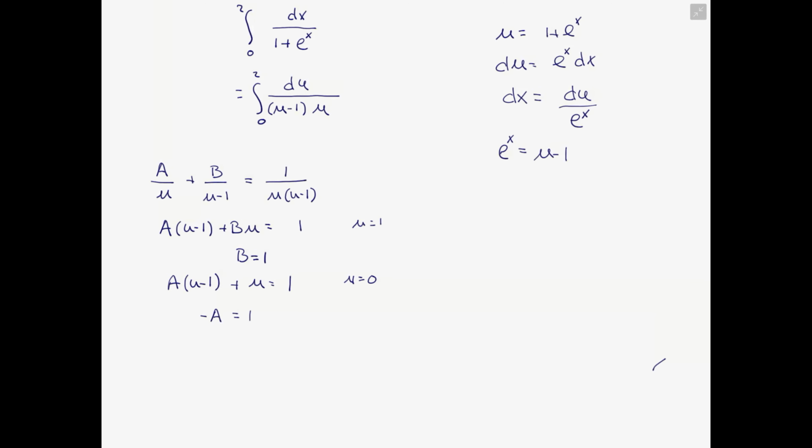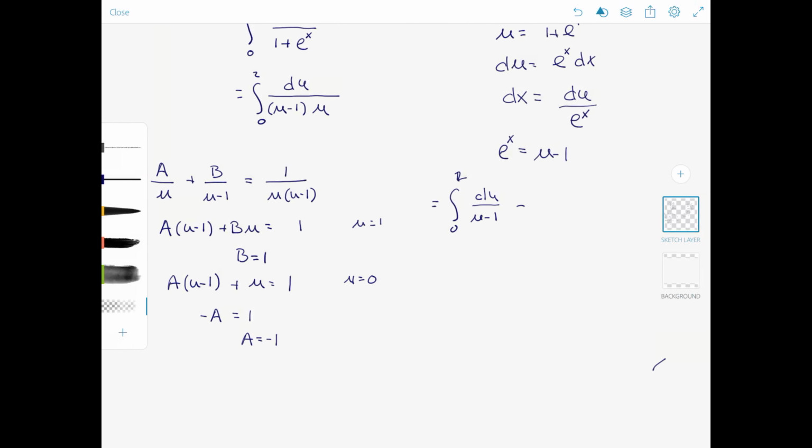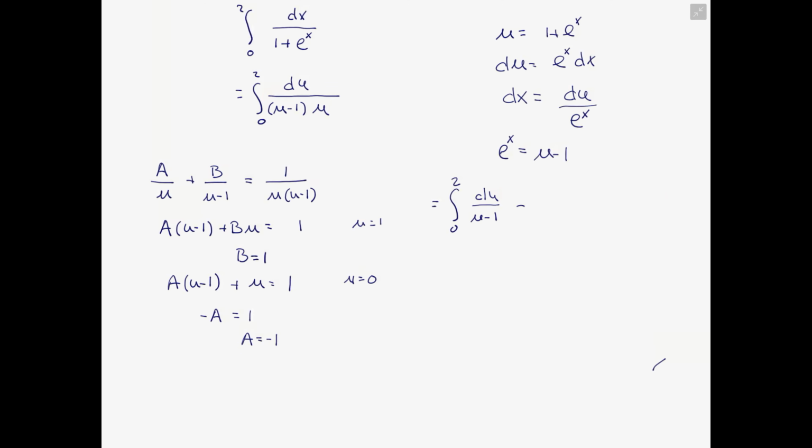If we choose u equals 0, we have negative a equals 1, so a equals negative 1. And now we have a broken up integral. We got 0 to 1, we've got du on u minus 1 minus, that's a 2 actually.